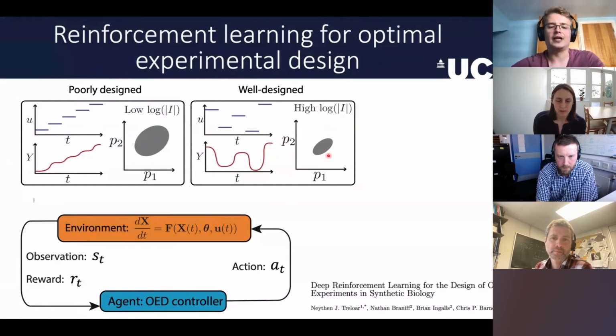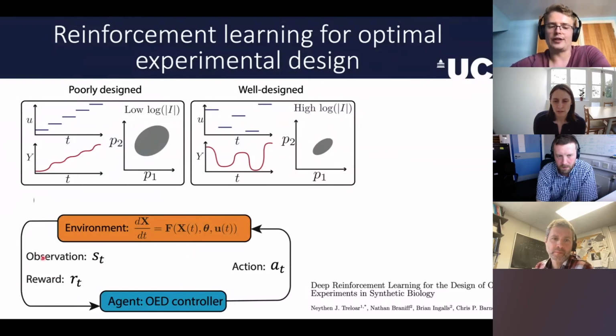So the idea is that now we train a reinforcement learning agent, but the reward is this Fisher information. It's learning to maximize the Fisher information across a whole experiment, and that will give you less uncertainty in your parameter estimates of the system.